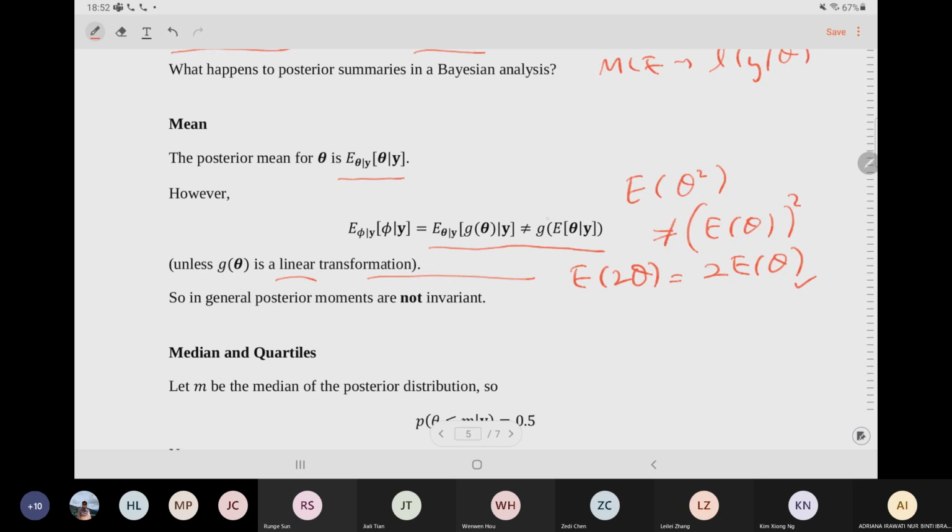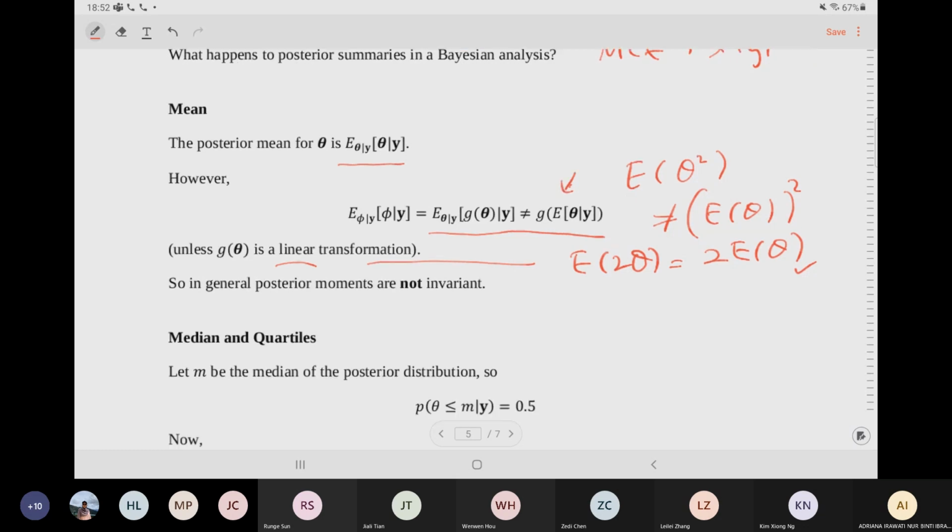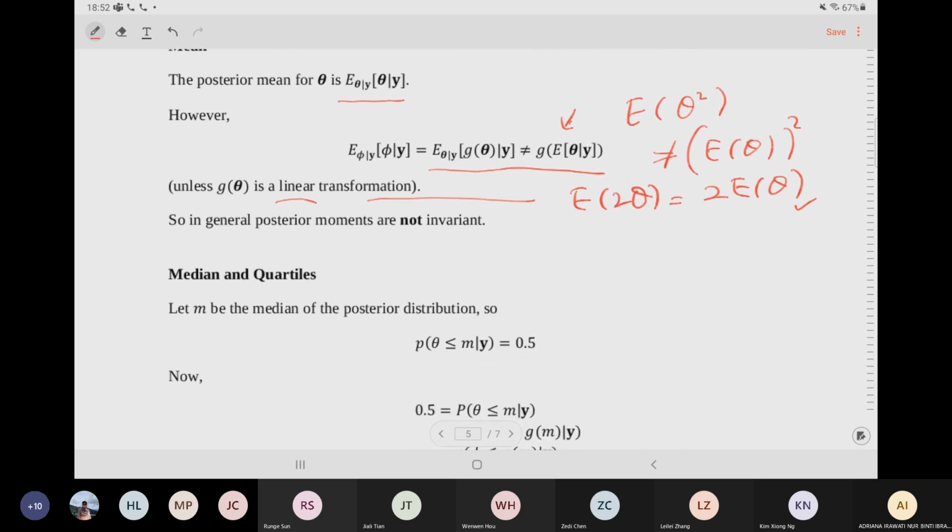Okay, so this is not true. So you cannot just use the function of the mean to find the expectation of the function. So that is for the expectation part.